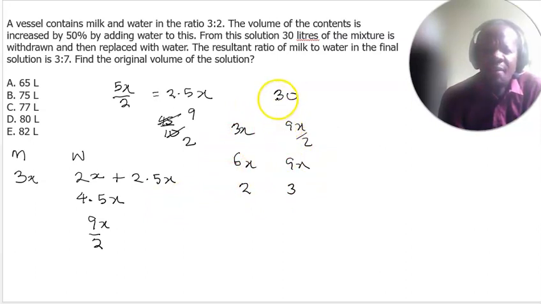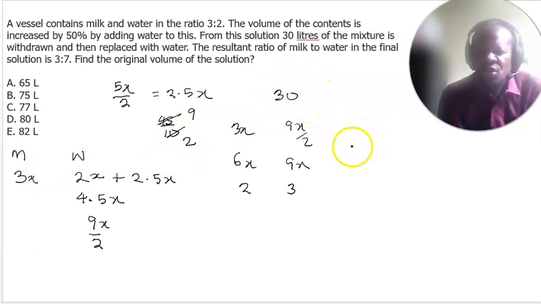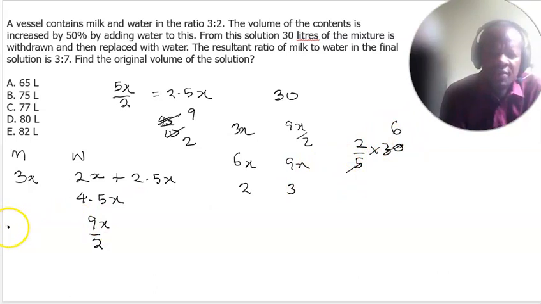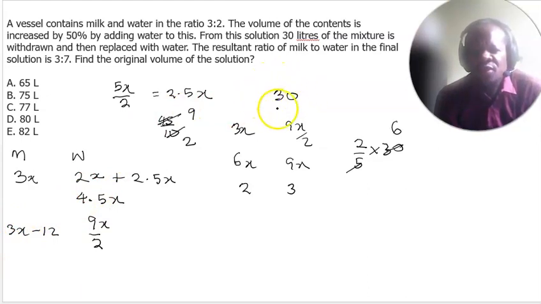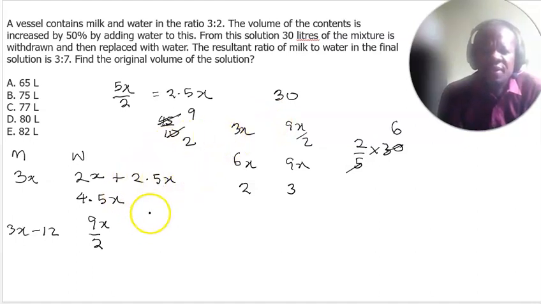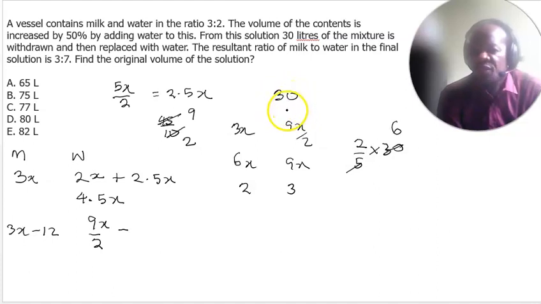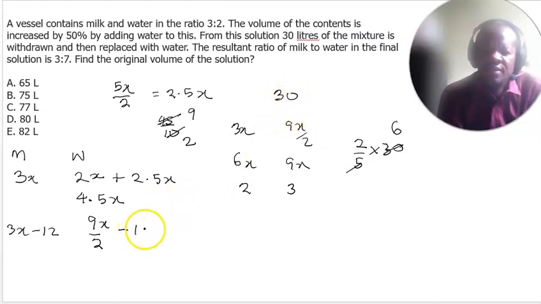So let's calculate the amount of milk in the volume of the mixture that was withdrawn. The amount of milk would be 2/5 times 30. So that is 2 times 6, which is 12. So that means we have 3x minus 12. Since the volume that was withdrawn was 30 liters, 30 minus 12 is 18, so what is left is water, that is 18, so you have minus 18.